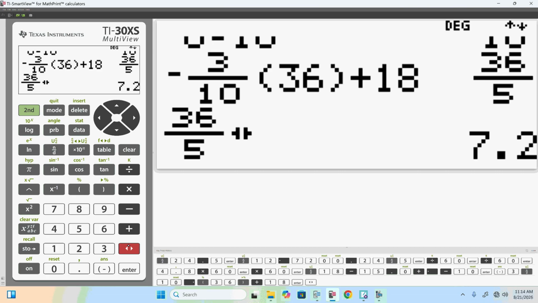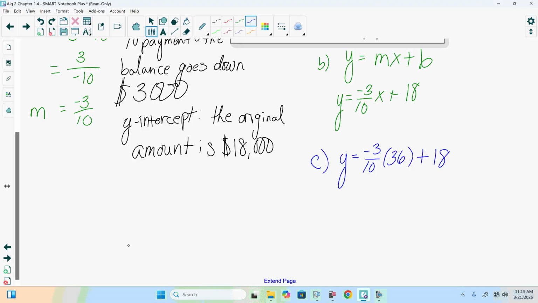The calculator can do it just fine, yes? I mean, yes, we could do it by hand. -3/10 times 36 would be -108/10. Then we can add 18 to it, turning it into tenths. The calculator can do it for us. So it tells us Y is equal to 7.2. So the remaining balance after 36 payments is $7,200.